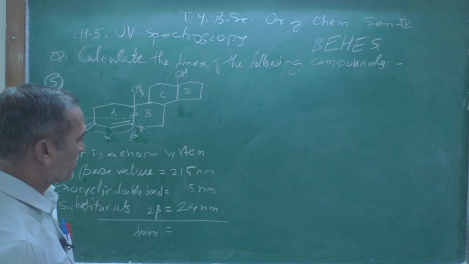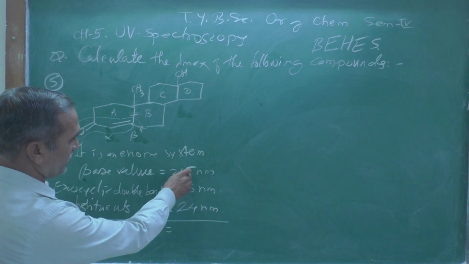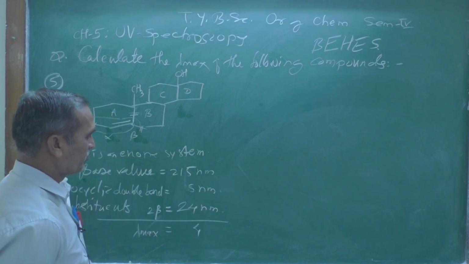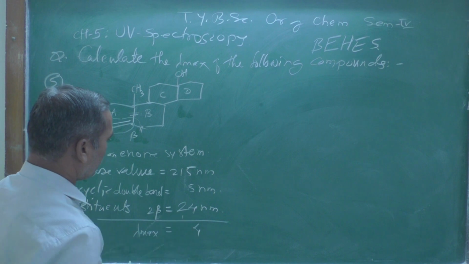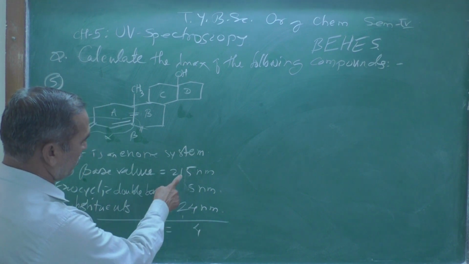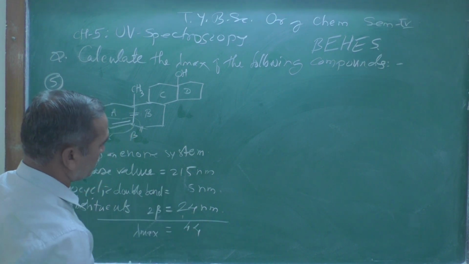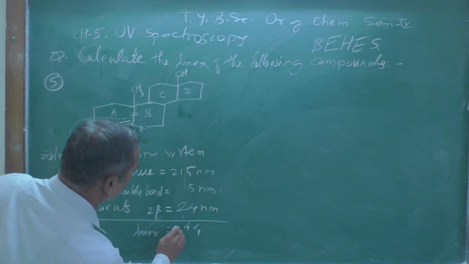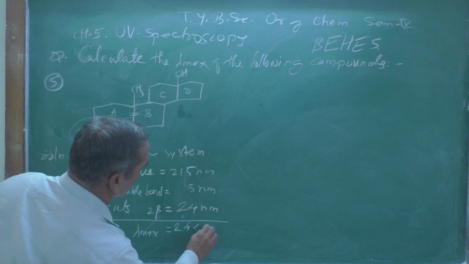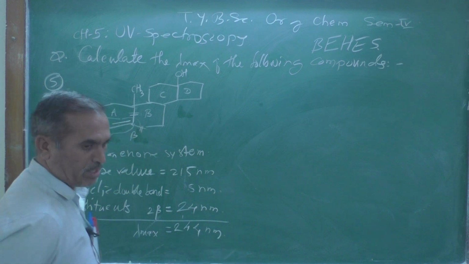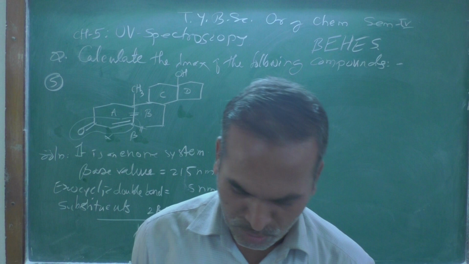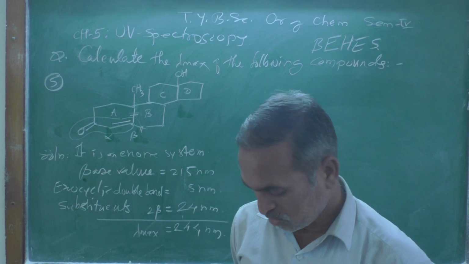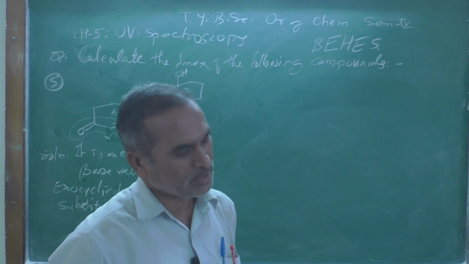After doing the correct addition, you will find 5, 5, 10 and 4 is 14. So there is a 4 over here and 2 as it is. So the total becomes 244 nanometers, which is the lambda max of this compound.